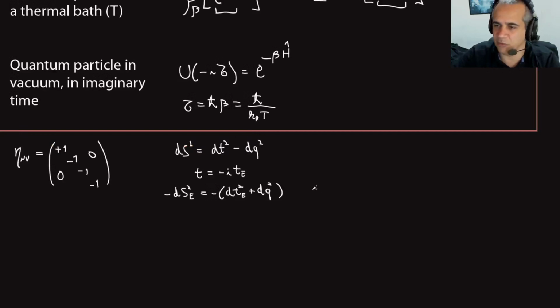So if here I was on R^n space, if I had n space coordinates, now I have an n plus 1 Euclidean metric in these variables. So see that really time has gone away. This guy behaves as a distance, as a space, right?